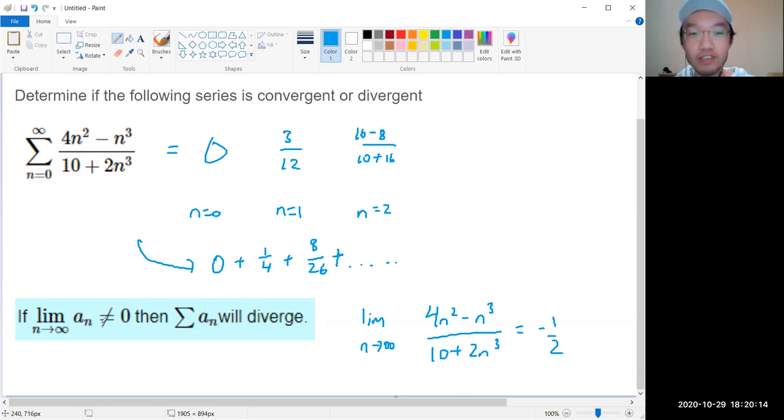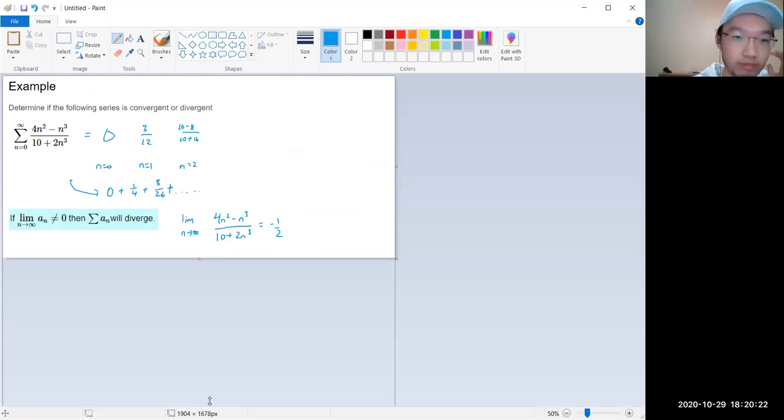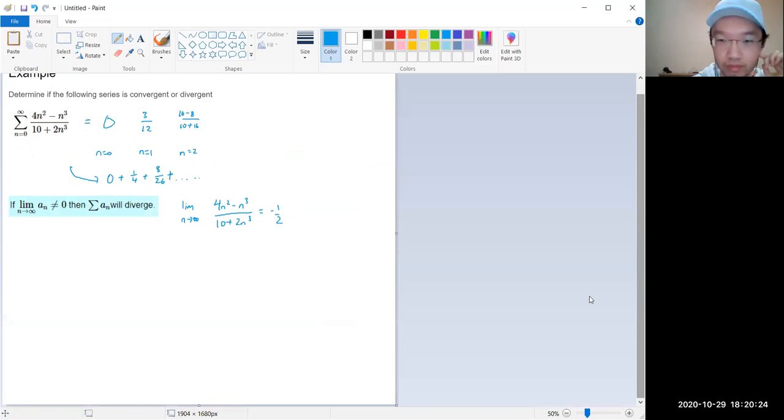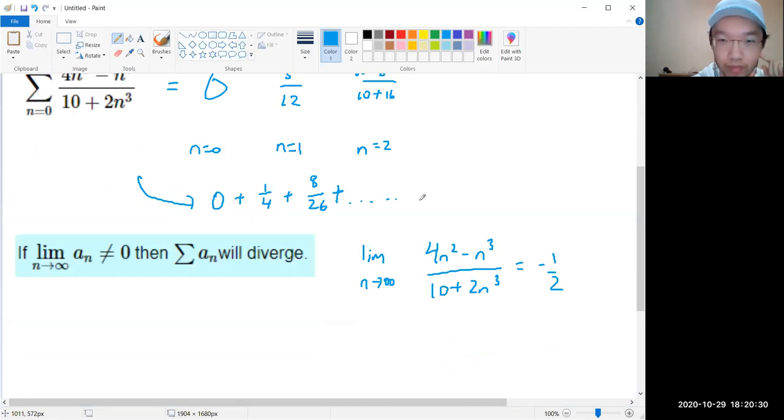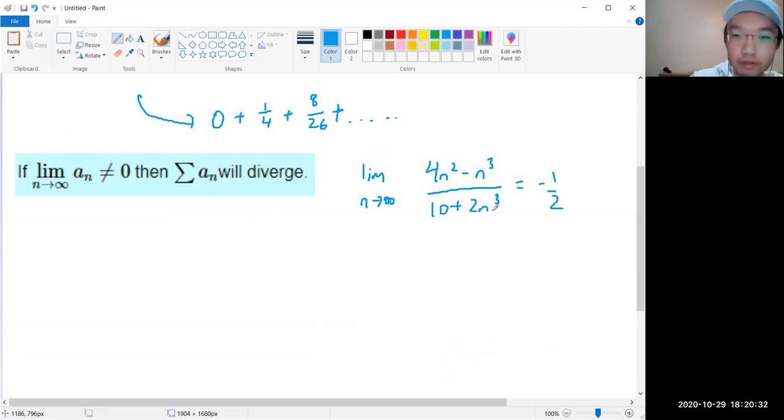It's not, right? So we can just say it diverges based on the divergence test. Because the limit is not equal to 0, we can say this diverges.